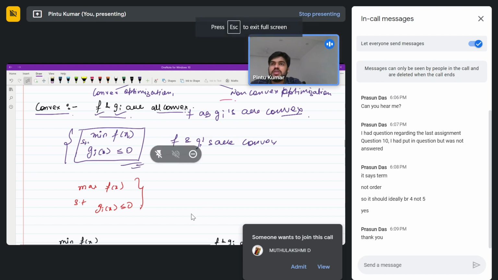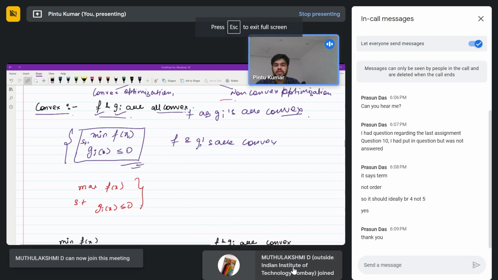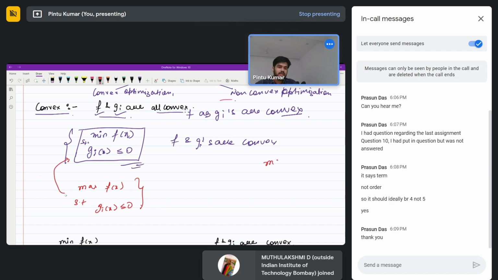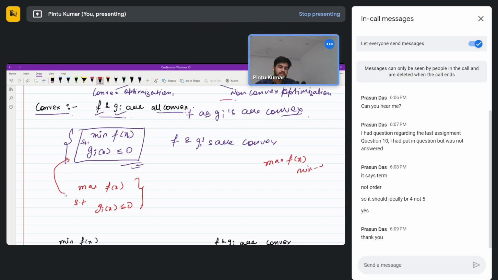Then first you need to transform this into the standard form. You know that maximizing f of x is the same as minimizing minus f of x. So this is equivalent to minimizing minus f of x subject to gi of x less than or equal to 0.